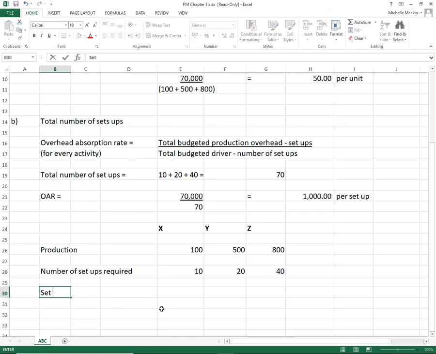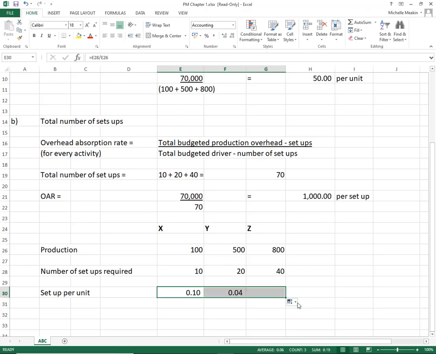And I'm going to work out what is the setup per unit. So 0.1, 0.04, and 0.05 of a setup for each unit.